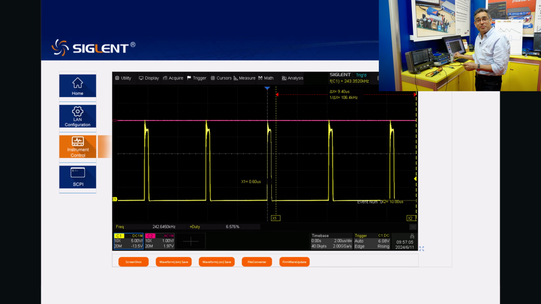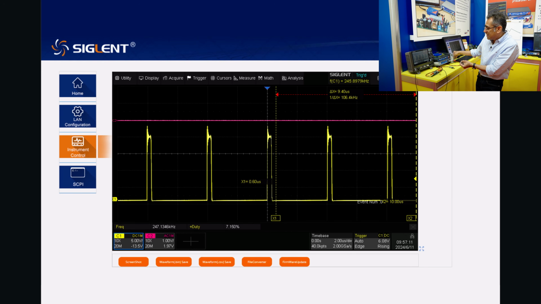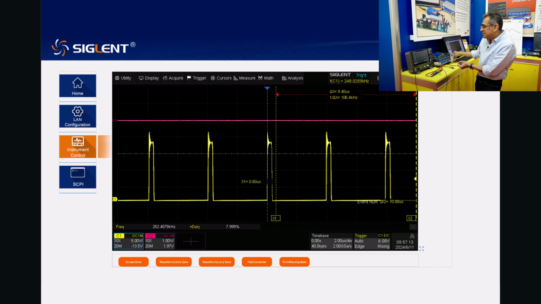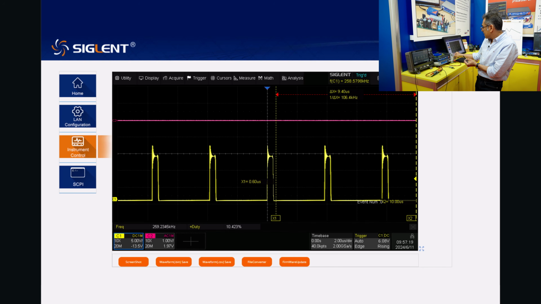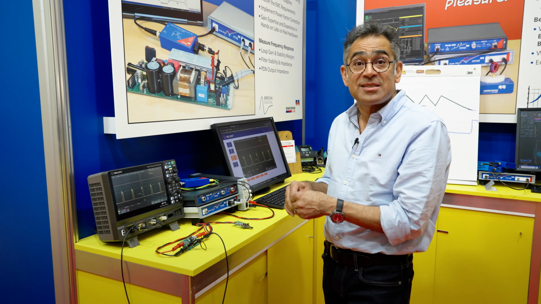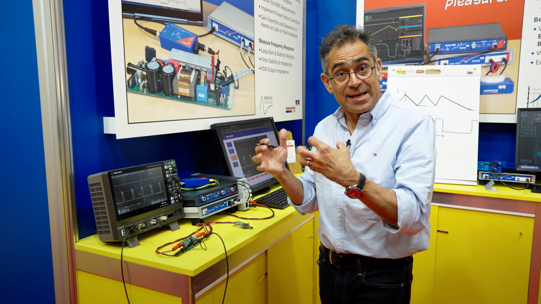I'm not going to go any higher because I'm going to pop the chip. Now I'm going to reduce it, again going from 18, 17, 16, and you can see that the switching frequency is not changing very much. However, I expect the pulse width to change because that is how the silicon is actually controlling it.